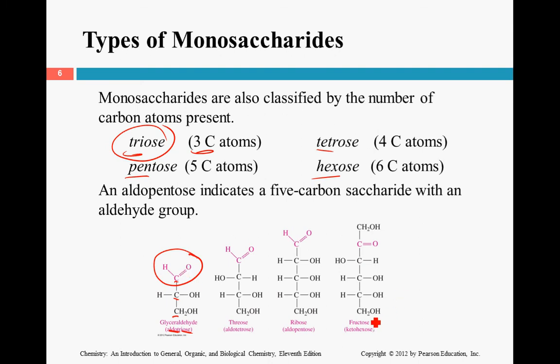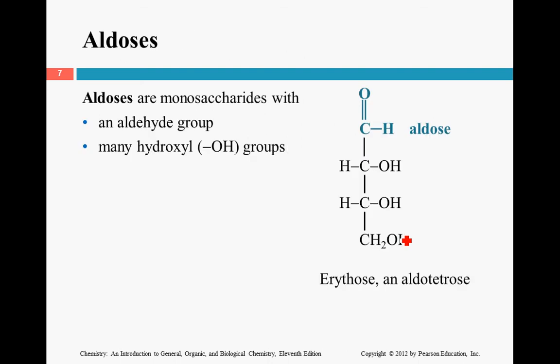If we look at the last one, it's a ketone. So notice it starts with keto rather than aldo. And there's 1, 2, 3, 4, 5, 6 carbons here. So it's hexose. So it's ketohexose. Once again, notice that the double bonded oxygen is always on the top. So aldose means that there's an aldehyde on the top.